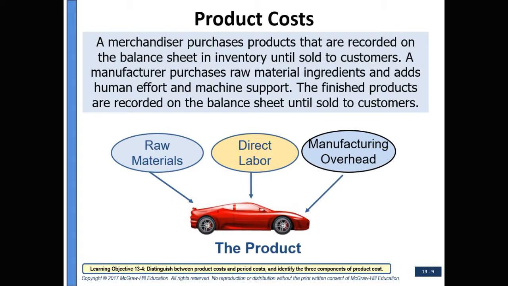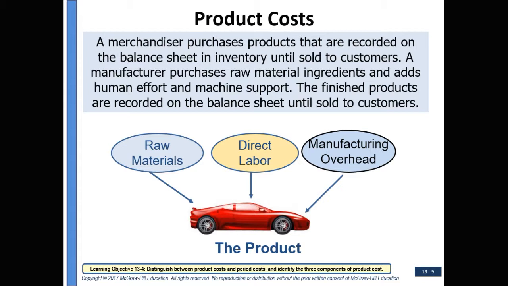A merchandiser purchases products that are recorded on the balance sheet in the inventory until they're sold to the customer. They're already a finished product. Whereas when a manufacturer purchases raw materials, these are ingredients. They then add things such as human effort, machine support, and they take those raw material ingredients and convert them into a whole other different product.